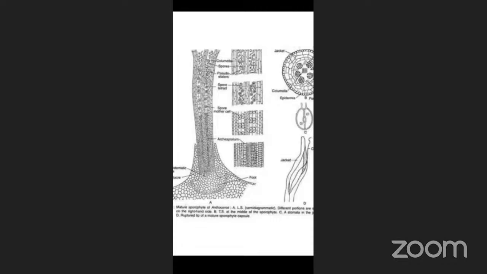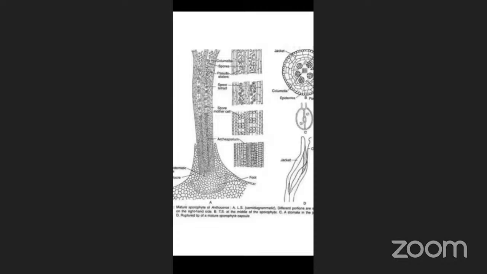So that's why in mosses and some Anthocerotopsida, like Anthoceros, the sporophyte is partially dependent on the gametophyte. But in Riccia and Marchantia, the hepatic members, the sporophyte is completely dependent on the gametophyte for food, nutrition and all those things.